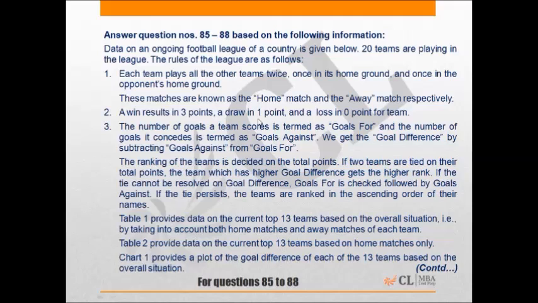If two teams are tied on their total points, the team which has higher goal difference gets the higher rank. In case there are 2 or more teams that have the same number of points, then the team with better goal difference will get a higher rank.